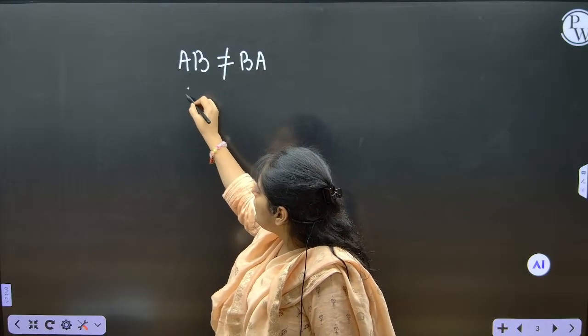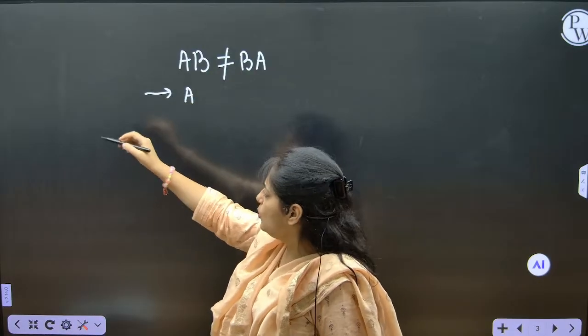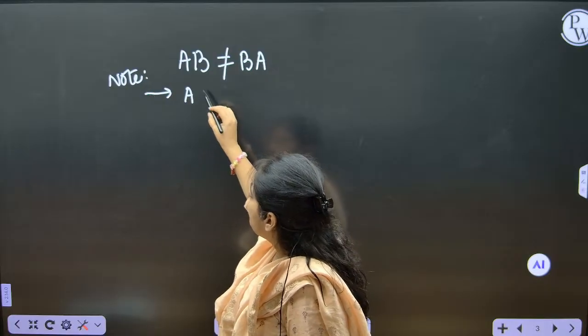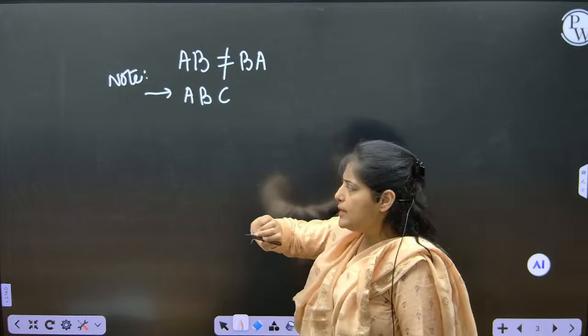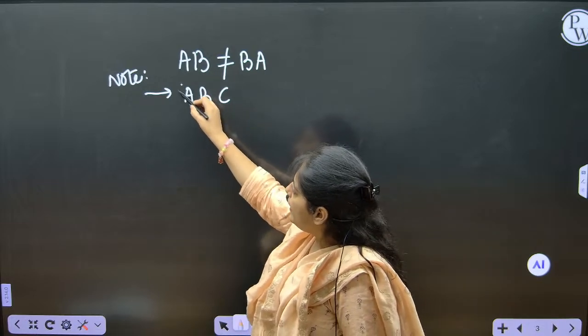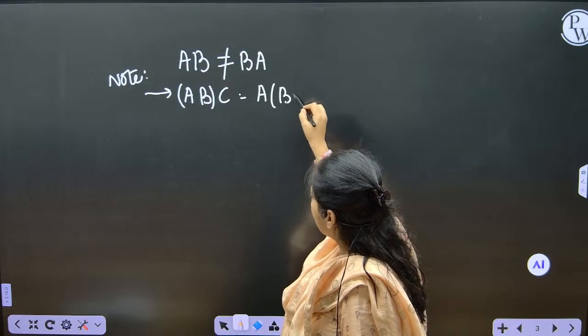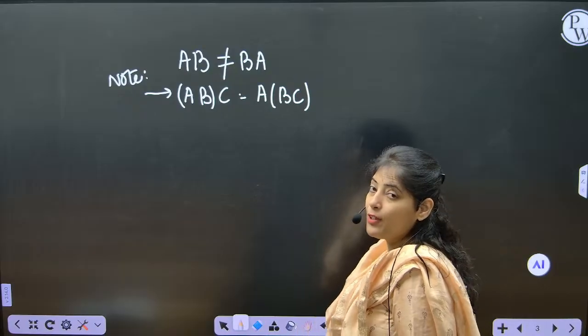But if I talk about any note, this note I am giving: suppose three matrices are there, A, B, C. Can I say this is associativity? You must have done it in your 8th class, no?